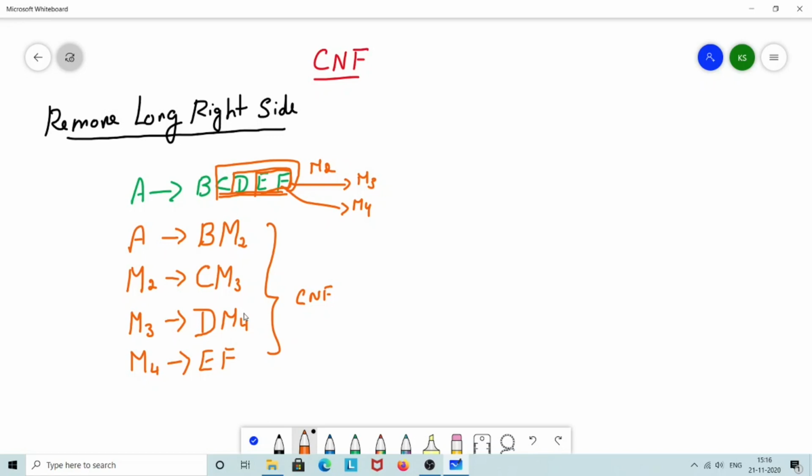We took a different example, and in the next video we will solve one problem of context-free grammar, and we will apply all these rules starting from removal of epsilon production, followed by unit production, followed by mixed production, and removal of long right hand side. So we will apply all these four rules on a single problem, and we will convert that into Chomsky's normal form. We'll see that video in the next one.